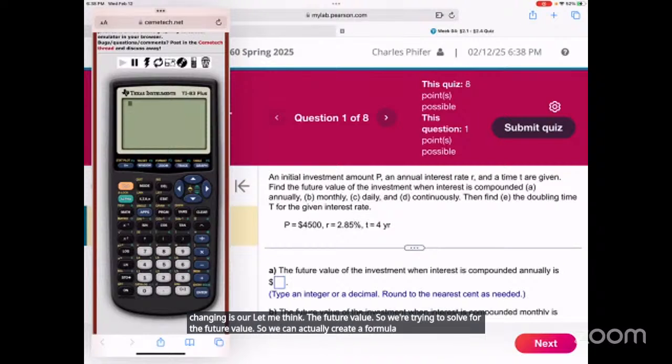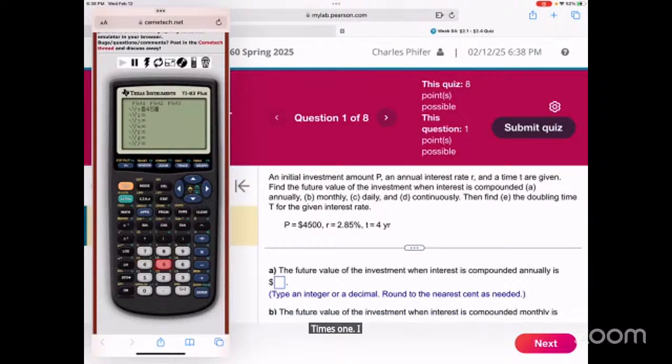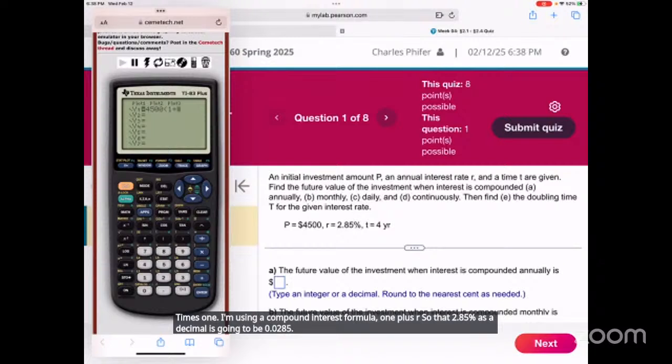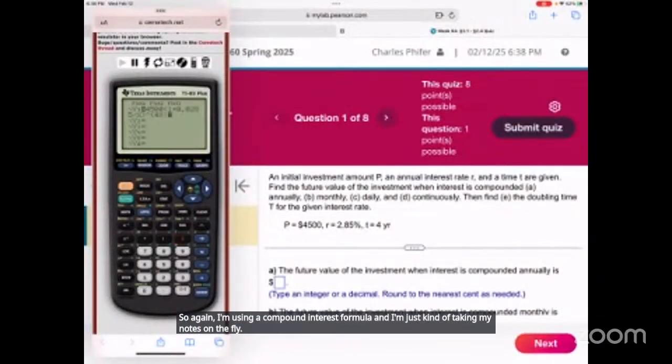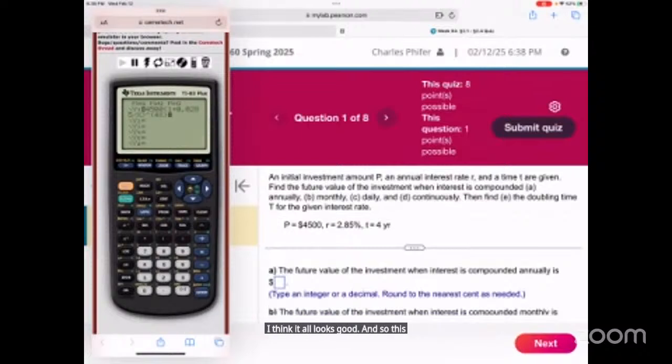The principal is the 4,500 times 1 plus R over N. That 2.85% as a decimal is 0.0285. N is going to be a variable because that's what's going to be changing. And then to the power of N times T, where T is 4 years. So 4N, or in other words, 4X, right? I'm using a compound interest formula, and I'm just taking my notes on the fly. I think it all looks good. This way, we can just evaluate this for those varying values of N, and everything else is constant, okay?